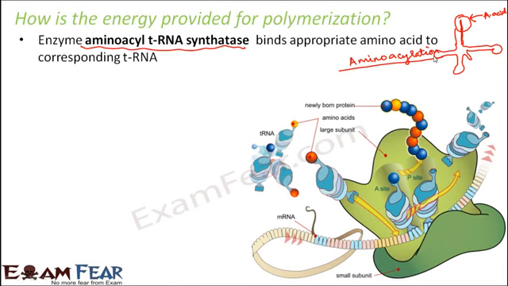Because this is the process of addition of an amino-acyl group to the tRNA. This process occurs in the presence of ATP, as any bond formation needs energy. As a result, a high energy bond is formed between the amino acid and tRNA.